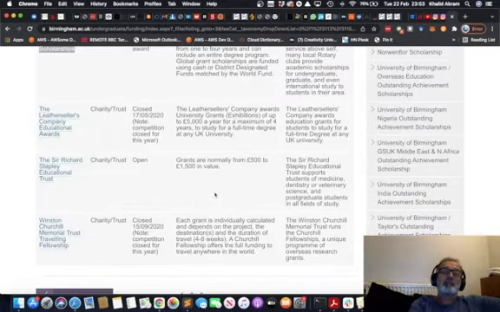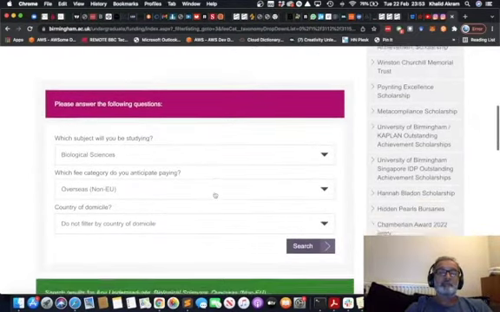Because obviously in the UK, they're primarily looking for GCSE subjects at approximately the age of 16. Then at the age of 18, you do A levels. So there may be some confusion about, okay, in your country, if they don't do A levels, but they do a different kind of courses, or if they're called something different at the age of 18, how do you convert that to the equivalent A levels that are required here? And we can talk about that as well.